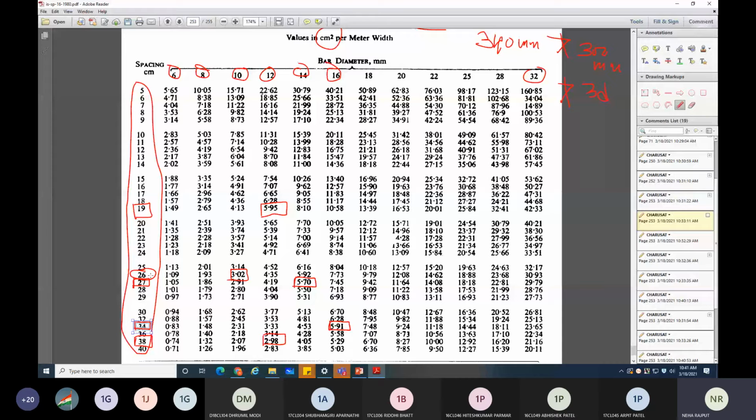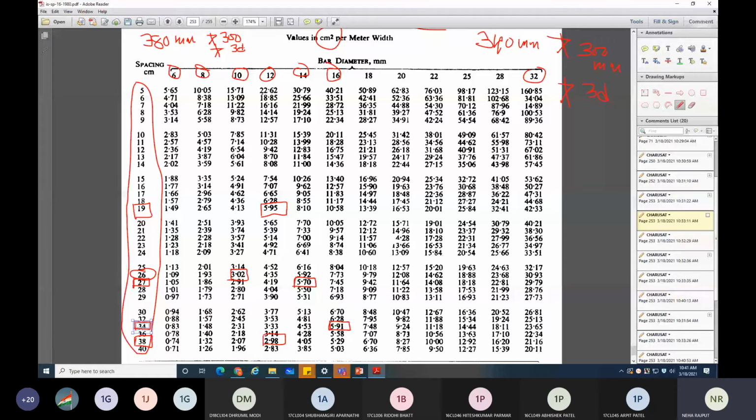Again, if you wish to take 12 mm diameter, so what you can do is you can take this 2.98 as area of steel. This is 38 centimeter, 38 centimeter means 380 mm, but your spacing should not be more than 300, and that should not be more than 3D.